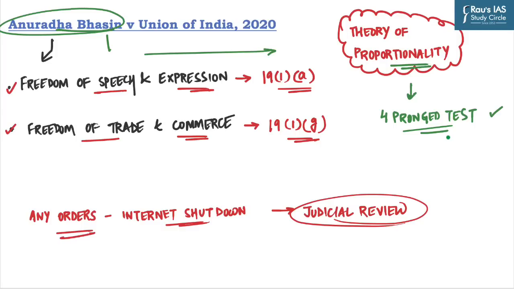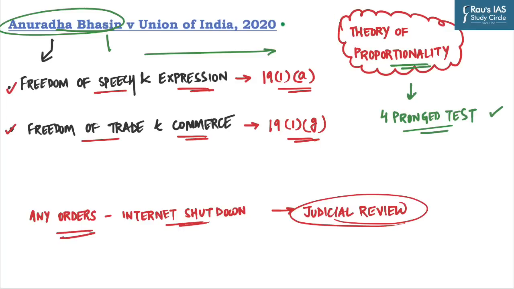The second one is the rational connection stage, which means whether the measure is a suitable means for furthering this goal. The third one is the necessity test, which means whether there existed an equally effective but lesser restrictive alternate remedy. And the last one is the balancing stage, which means whether such a measure had a disproportionate impact on the right holder.